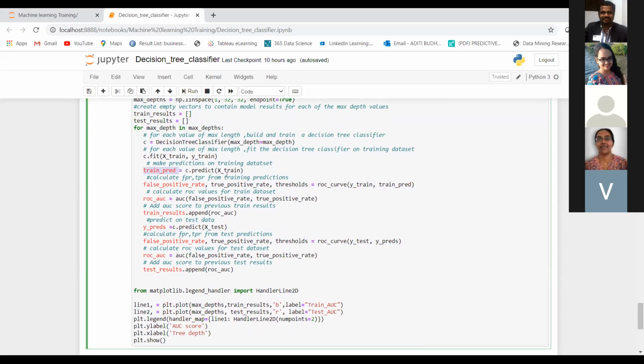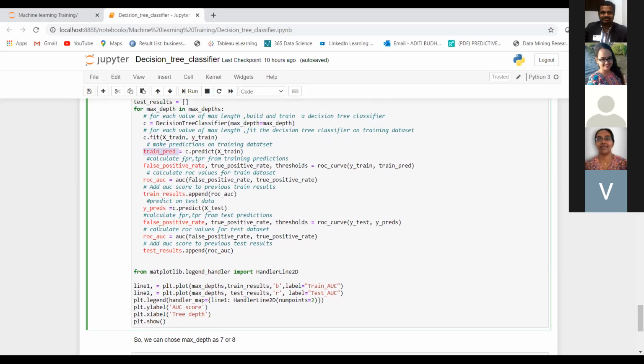I will use these predictions to find the false positive rate and true positive rate using the ROC curve, which we have learned about today. Then I will calculate my ROC AUC value. This is the score that I will be getting for that model which I have created.